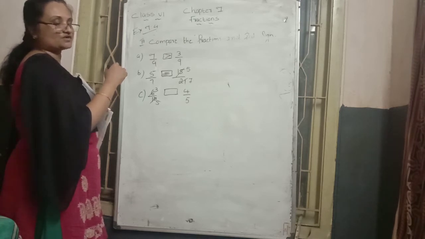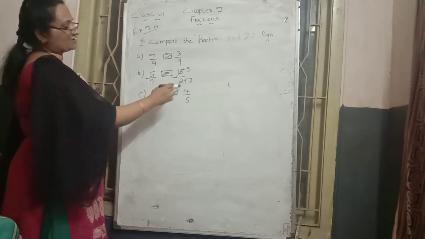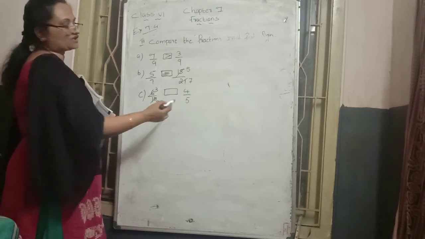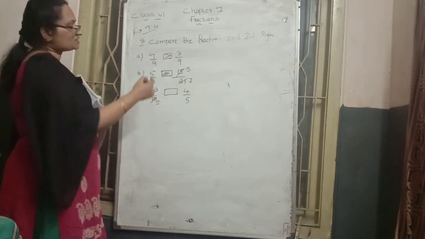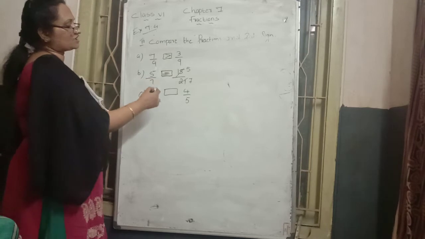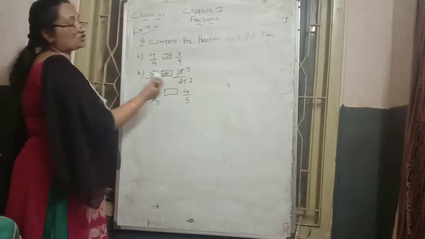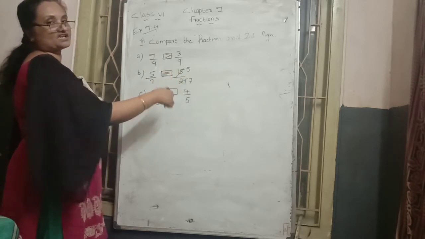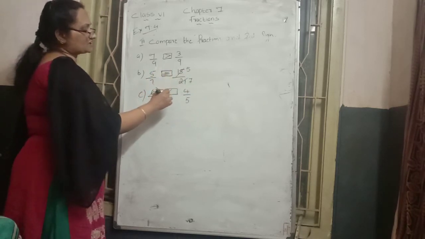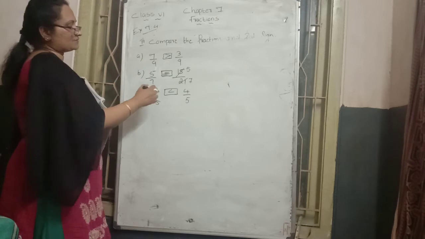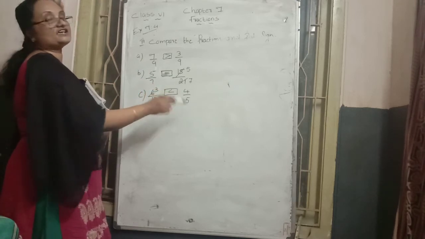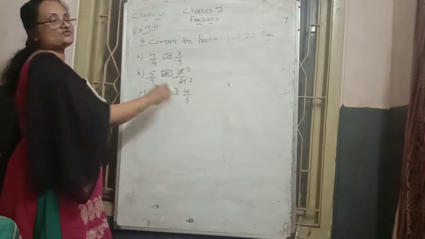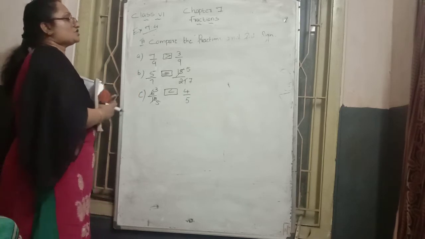Then we get 3 by 5 or 4 by 5, and now the denominators become the same. Look at the numerator part, 3 or 4, which is greater? 4 is greater. That's why 4 by 5 is greater, which means 3 by 5 is less than 4 by 5, so we keep the less than symbol. This is the meaning of the third row.